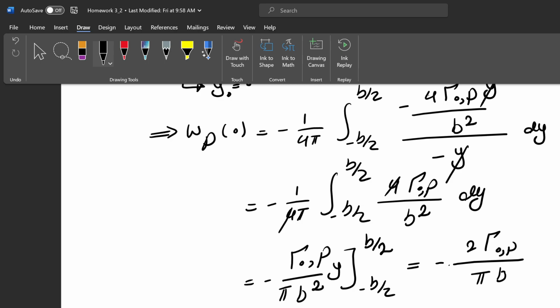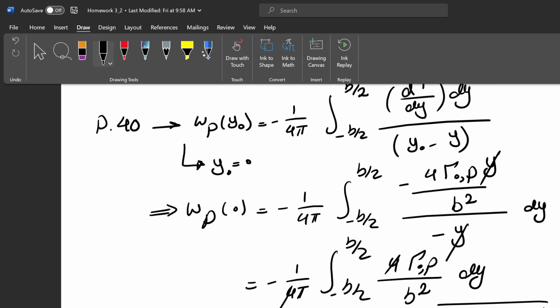And this will be your induced velocity for the parabolic case.